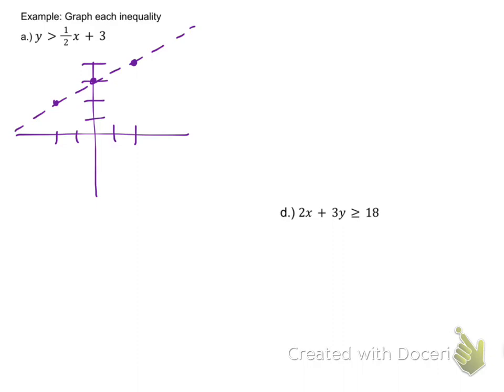Now the point that I like to check is 0, 0, especially when working with multiple variables, because that means I'm going to plug a 0 in for y, and I'm going to plug a 0 in for x. And anytime you put zeros in for things, if I'm multiplying to them, they're gone. And so I get 0 on the left side, this is gone, and then I get 3. Is 0 greater than 3?